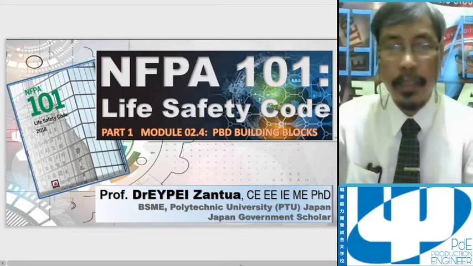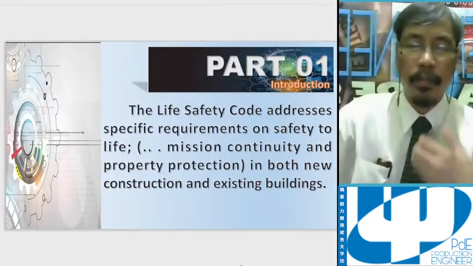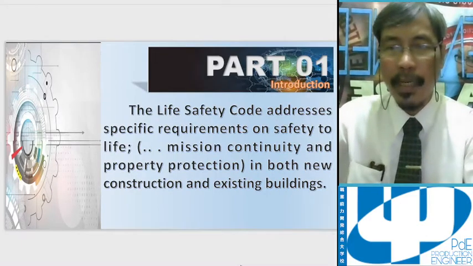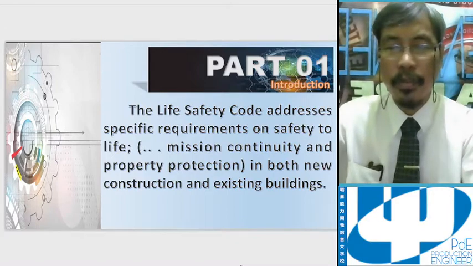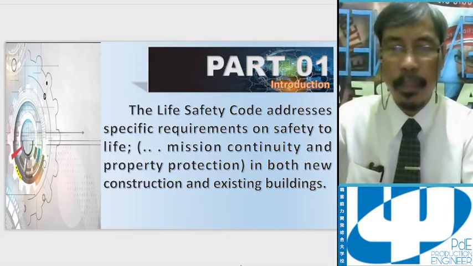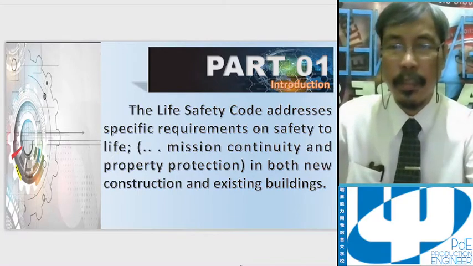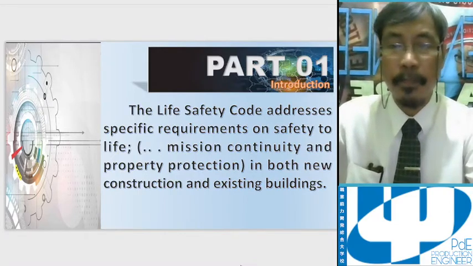Let us start with our discussion by this page. The Life Safety Code addresses specific requirements on safety to life, mission continuity, and property protection in both new construction and existing buildings.